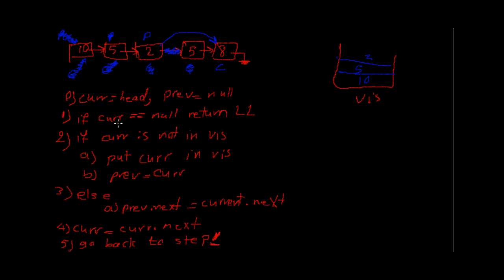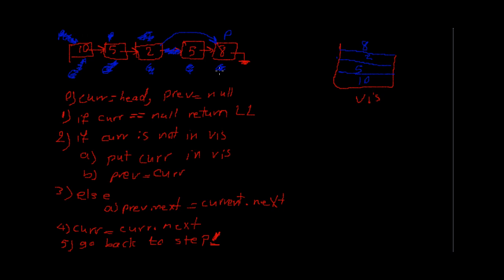Step 1 is not true, so we're going to step 2. Current is not in the visited buffer, so we're gonna put 8 in here, and then we're gonna set the previous to be at the position of current. So our previous is gonna move now here, and then we're gonna say current is equal to current.next.